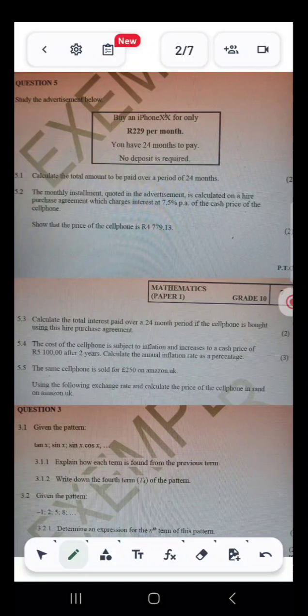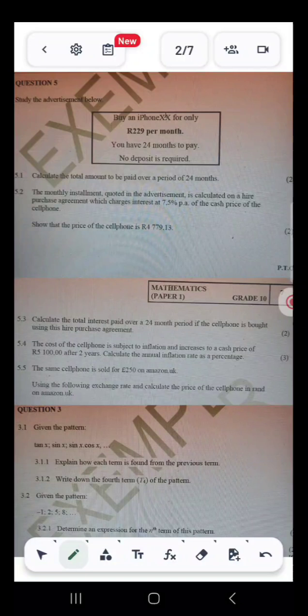Using the following exchange rate, calculate the price of the cell phone in rand on Amazon UK. They will give us the exchange rate.